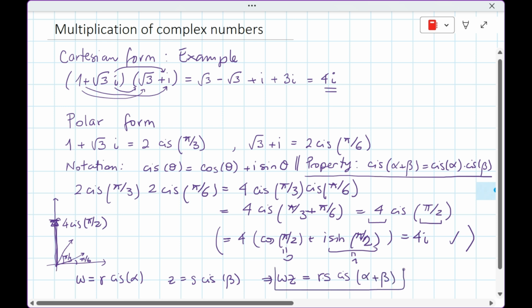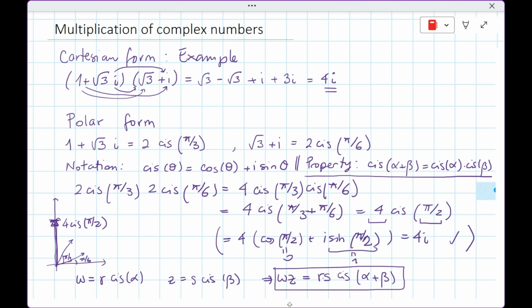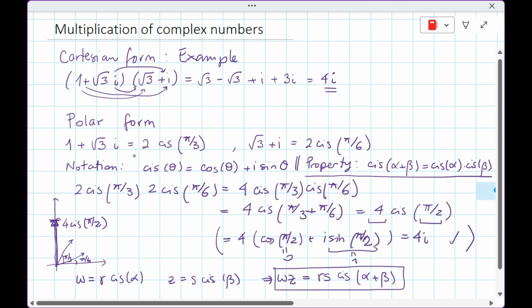So this is a much faster and nicer way in general of multiplying complex numbers if we use the polar form.